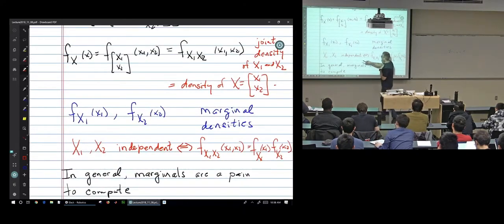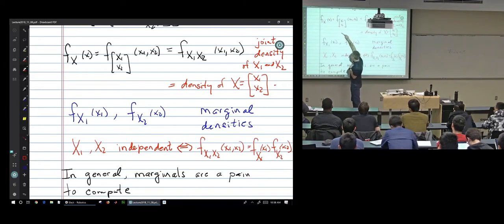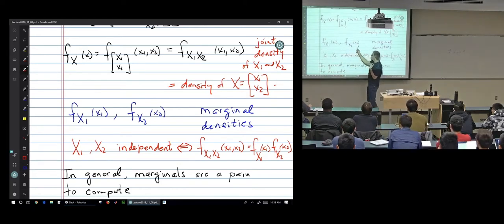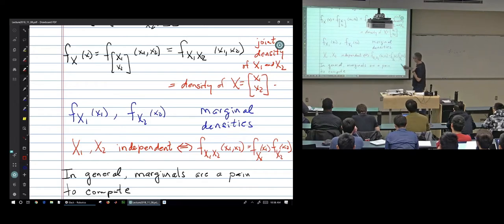And then if we just integrate out the x2 variable, we get the marginal, just the density of x1 as a random vector, and we can get the density of x2 as a random vector. And then we say that these two random vectors are independent when the density factors.